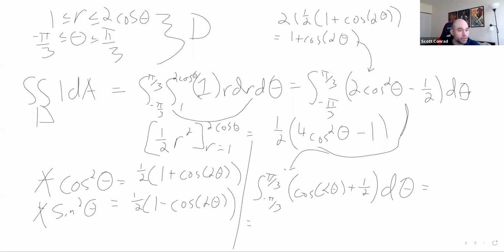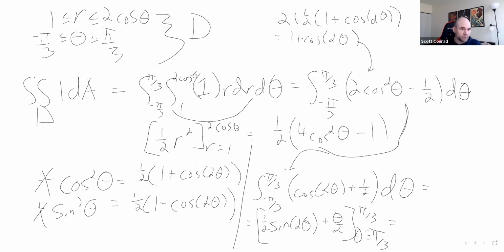So cos 2 theta, when we integrate, becomes 1/2 sine 2 theta. 1/2 becomes theta over 2. And we're evaluating this from negative pi over 3 to pi over 3. And so sine of 2 pi over 3 is going to be root 3 over 2.